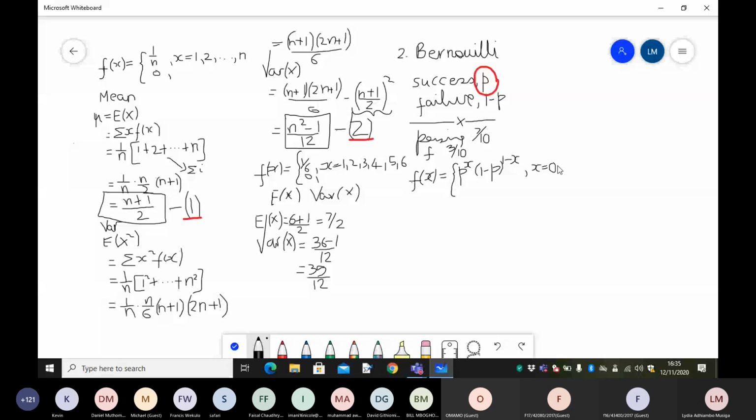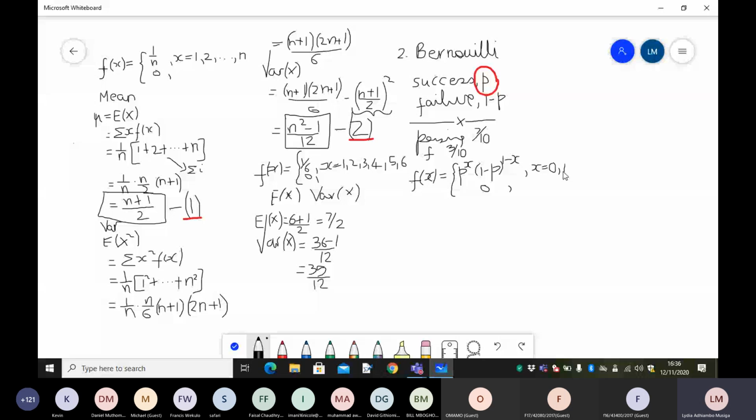So why does x take only 2 values? We said that there are only 2 possible outcomes. So suppose that for a success, you assign the value 1. The success is the experimental outcome that you are interested in.